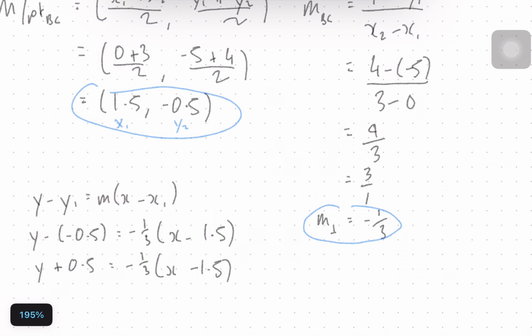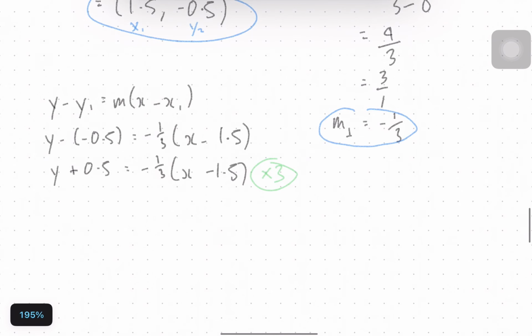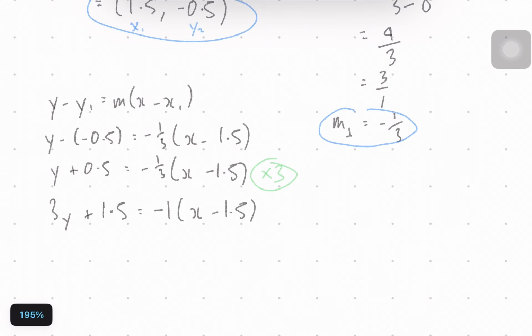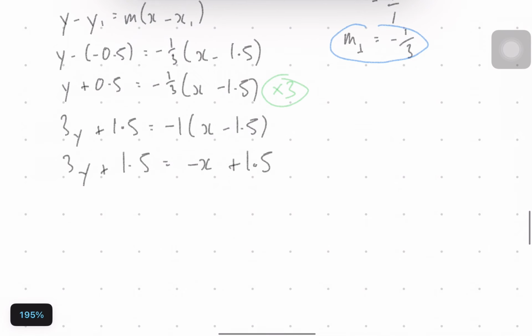I want to get rid of the fraction, so I'm going to multiply across by 3. So 3y plus 3 times 0.5 is 1.5 equals minus 1 over 3 multiplied by 3 is minus 1 on x minus 1.5. So 3y plus 1.5 equals minus x plus 1.5, multiplying the minus 1 in.